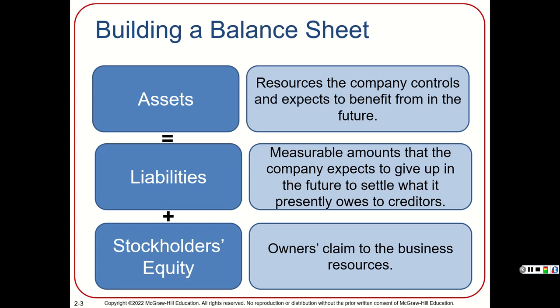When we move on to liabilities, these are measurable amounts that the company expects to give up at some time in the future. For example, when bills come in, they don't automatically pay their bills on the same day they get them in the mail, but they want to be reminded that, okay, we've got these bills coming, we need to remember to pay them.